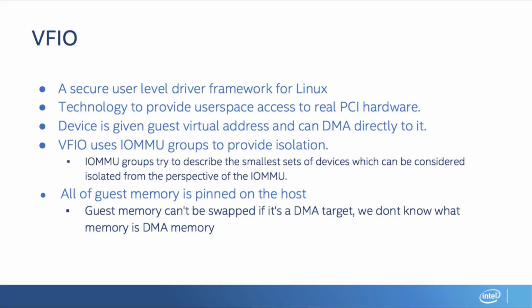But with this kind of software-based sharing, because the physical NIC is still shared among the various guests, the VMM has to implement some kind of a software switch. This switch is used to route the packets to and from the appropriate VMs to the actual physical NIC.